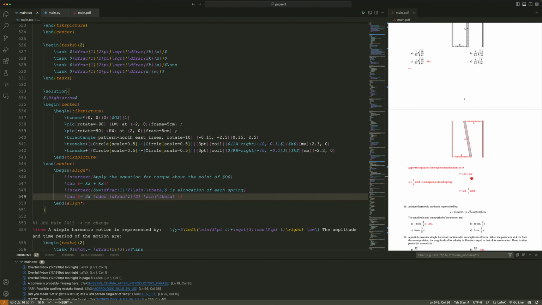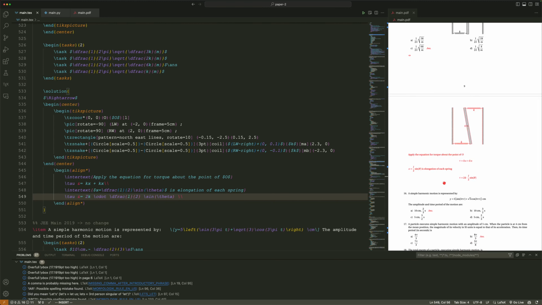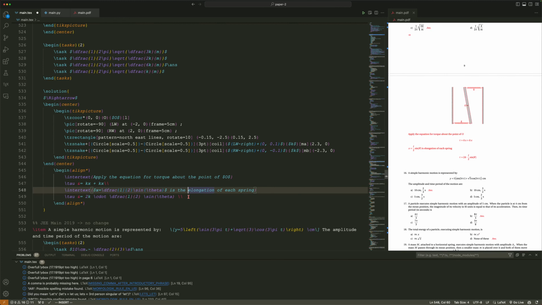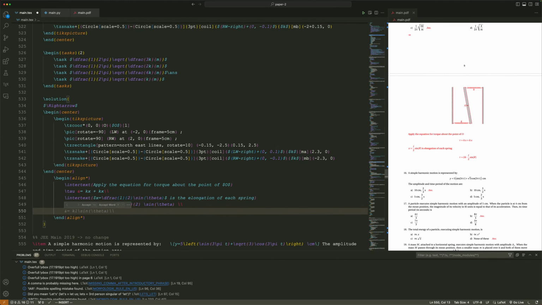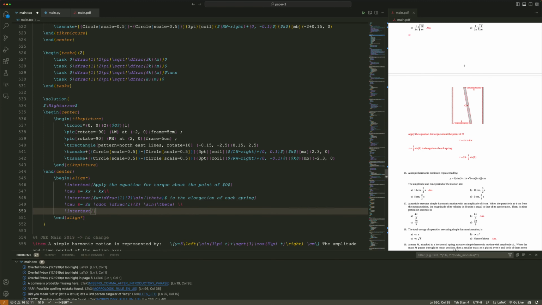And one more thing I think we have to do is add in text again, because theta is small.